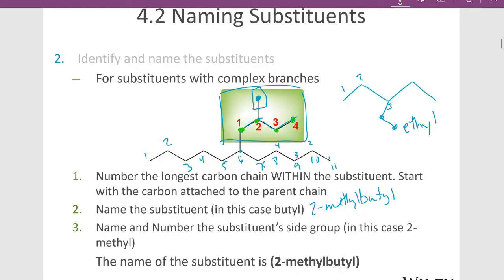So in this case, this would be carbon number 1 attached to the parent. Carbon 2 has the substituent. Carbon 3 is next, and then carbon 4. So that's why the substituent is called 2-methyl-butyl. So this molecule would be 2-methyl-butyl undecane.